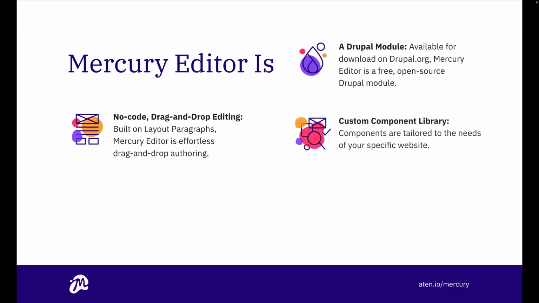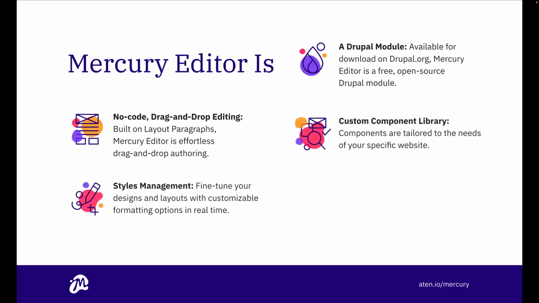Mercury, again, as I was just saying, provides the ability to work with components. It's based on the idea of having a custom component library for your site. It provides styles management. It does that specifically through a module called Style Options. I think there's something similar to that in WordPress, actually.